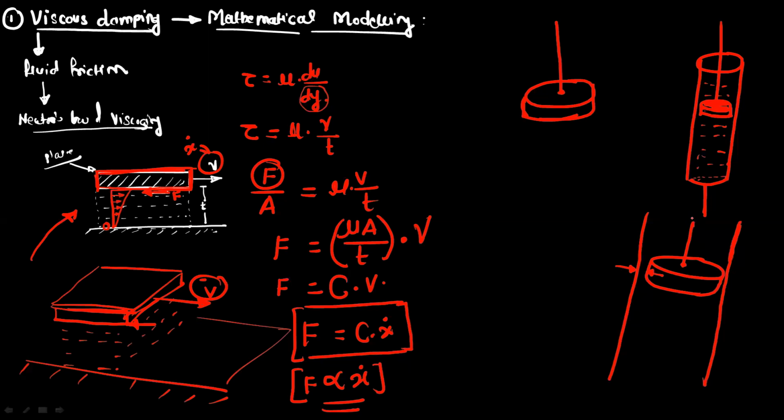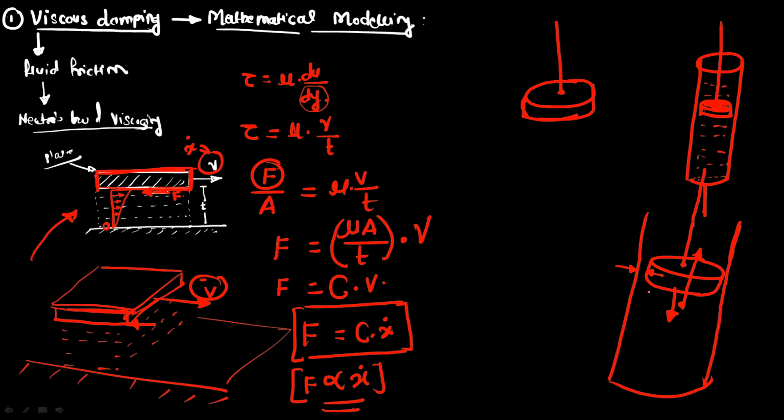Whenever this piston is reciprocating inside this tube, it will have some velocity. It is similar to this velocity, which is given to this plate. Similarly, the piston will receive some velocity due to oscillation.